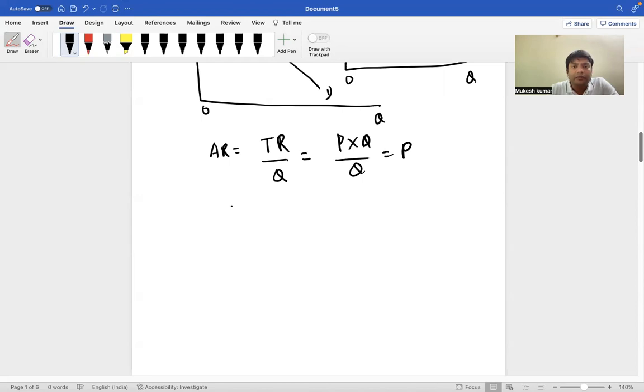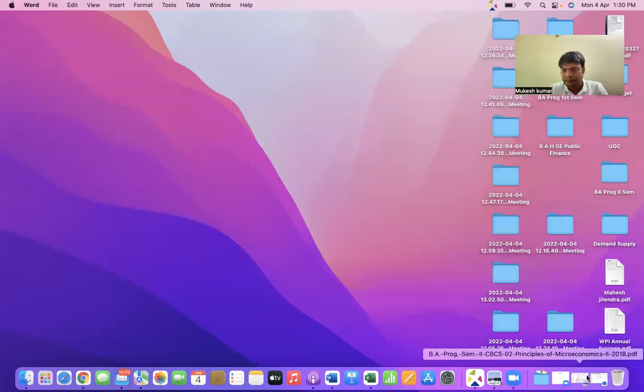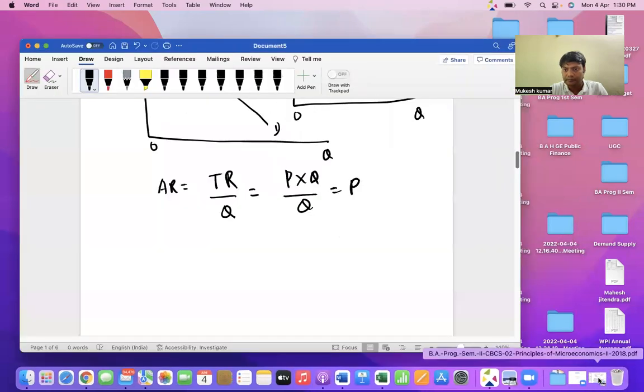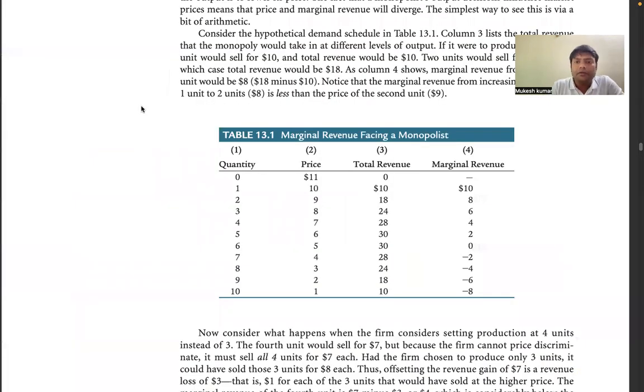Now here, in the case of monopoly, if we see the relationship between total revenue and marginal revenue: when marginal revenue becomes zero, total revenue becomes maximum, and when marginal revenue becomes negative, total revenue starts to decline.